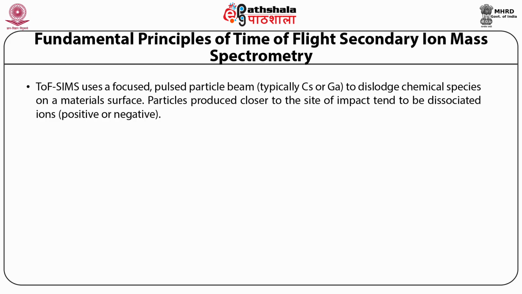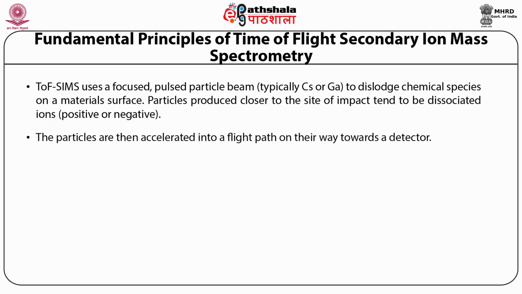Secondary particles generated further from the impact site tend to be molecular compounds, typically fragments of much larger organic macromolecules. The particles are then accelerated into a flight path on their way towards a detector.